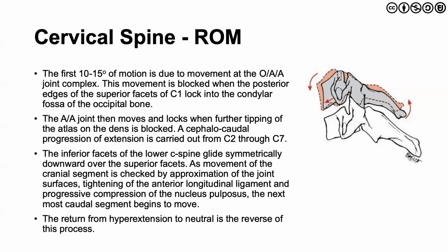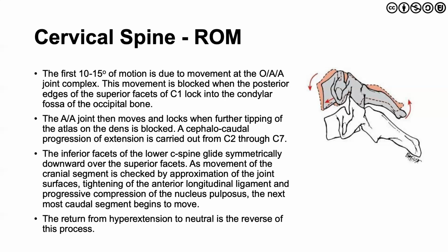Many individuals kind of adopt a holistic pattern of movement. Others adopt more of a sequential pattern of movement. The takeaway here is that spinal motion is inherently individualistic. As motion is occurring, the facets are gliding symmetrically.